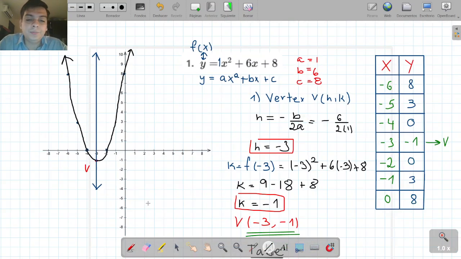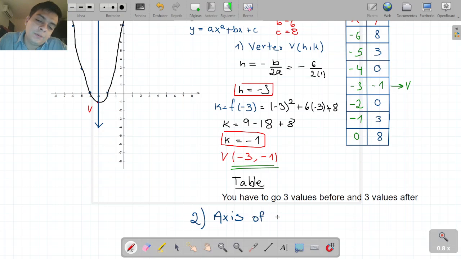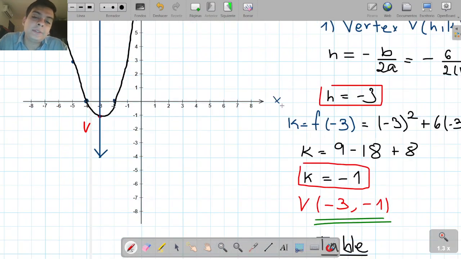So the answer for number 2, the axis of symmetry, is x equals -3. Why x? Because this axis is x.